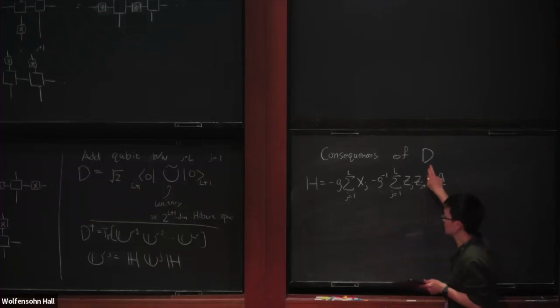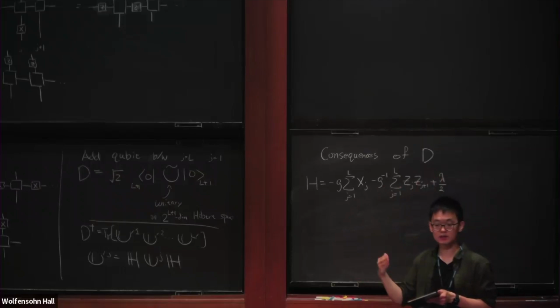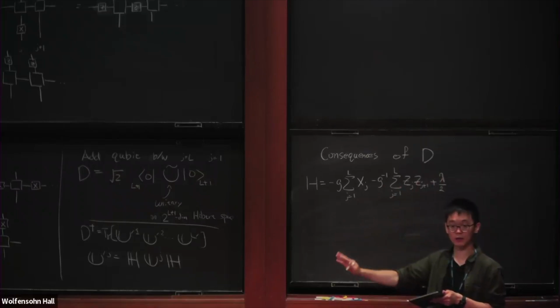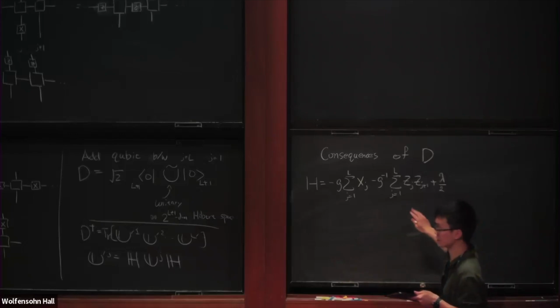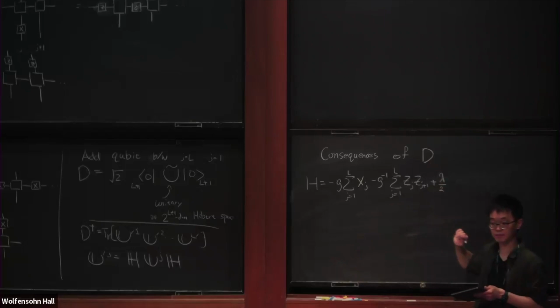Because this D, when you go back to the fermion problem, is just a Majorana lattice translation. So anything you can write down on the Majorana side that is translationally invariant will map to something that is invariant under D. So there are infinitely many such terms you can write down if you start with the Majorana chain.